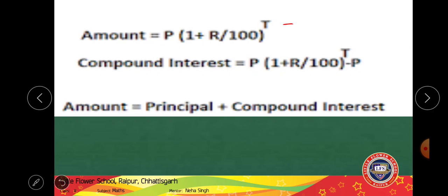So now for compound interest, CI is equal to P into 1 plus R upon 100 power T, and a -1 will be there, within square brackets, and P will be multiplied with the whole, right? So this is the formula for compound interest.